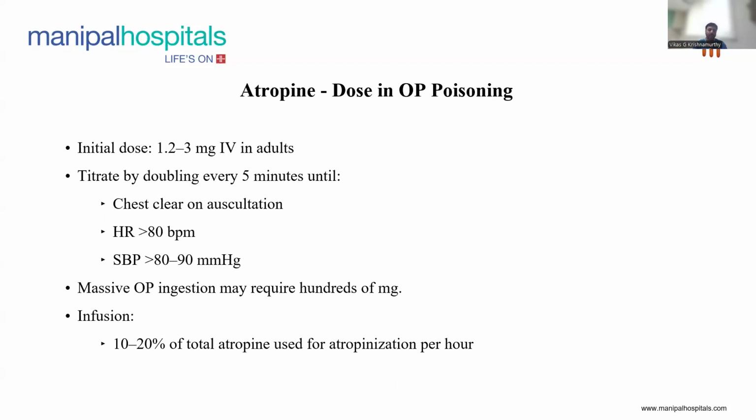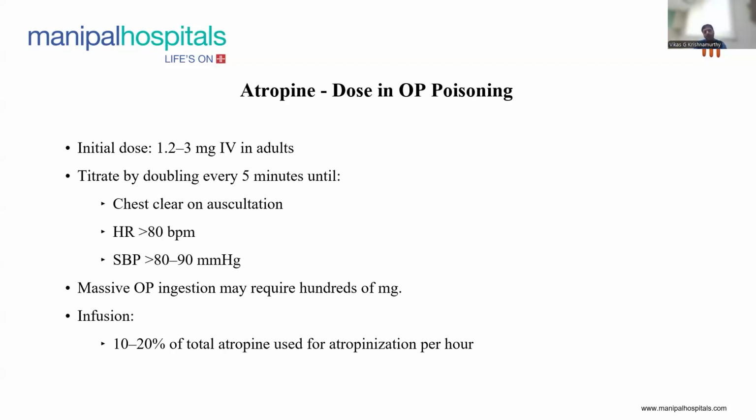As discussed earlier, the initial dose will be 2 to 3 mg IV. Titrate by doubling every 5 minutes until atropinization is done. That can be confirmed by a clear chest on auscultation, heart rate more than 80, and systolic BP more than 90. Massive OP ingestions will require a huge quantity of atropine.